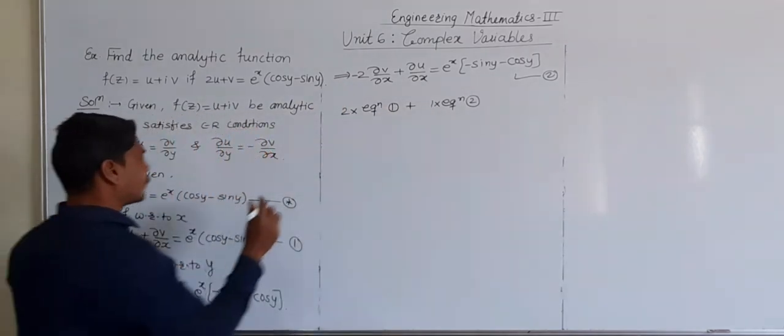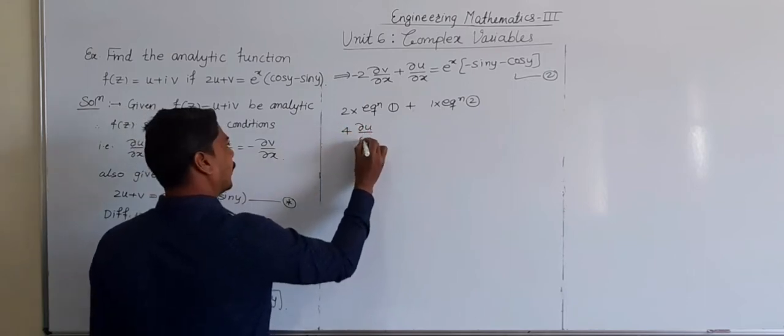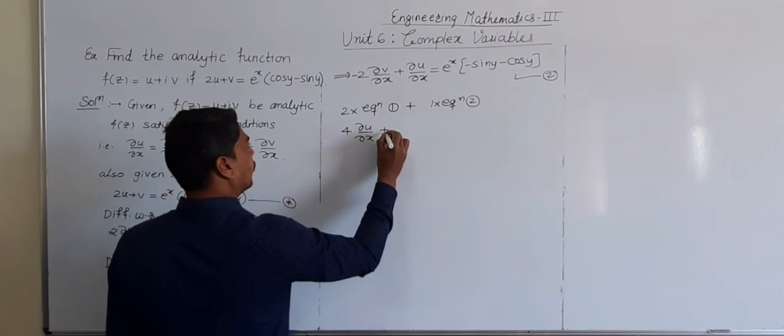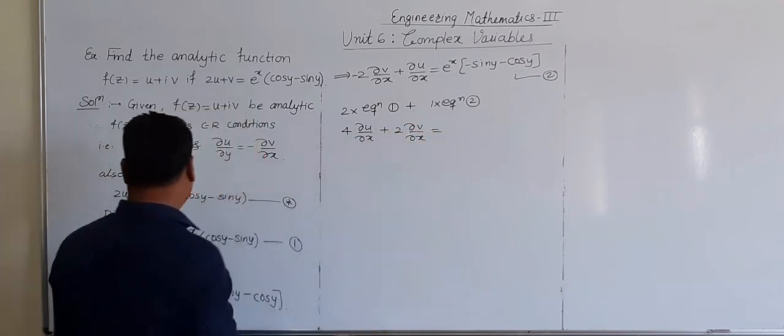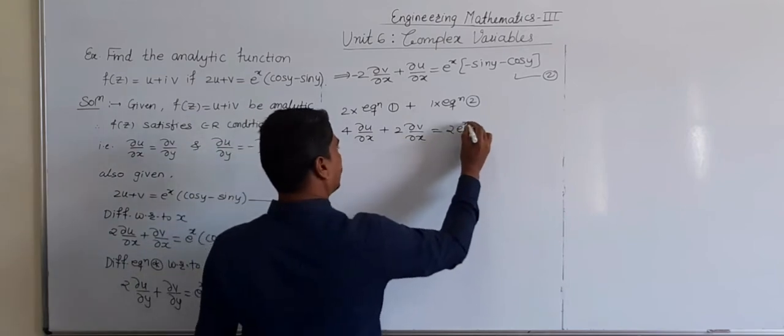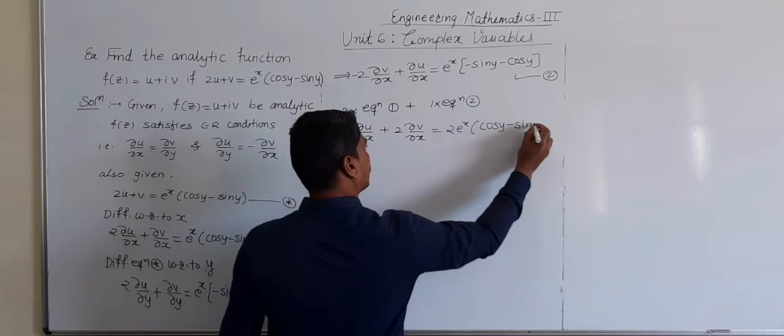Multiplying equation 1 by 2, we get 4 ∂u/∂x + 2 ∂v/∂x = 2e^x (cos y − sin y).